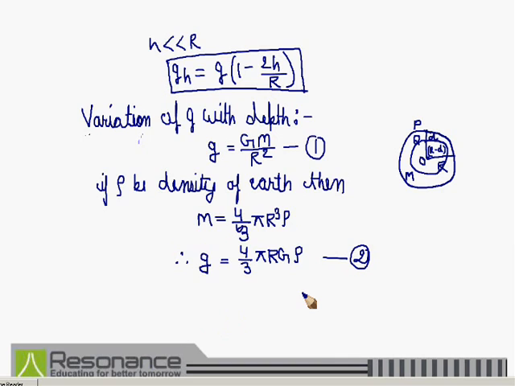Then the acceleration due to gravity at point Q is only due to the sphere of radius R minus d.